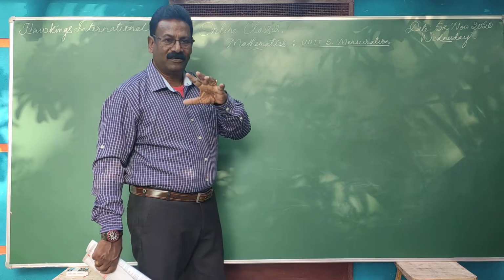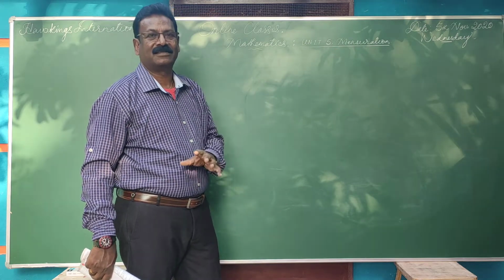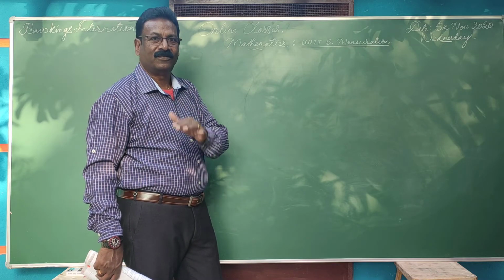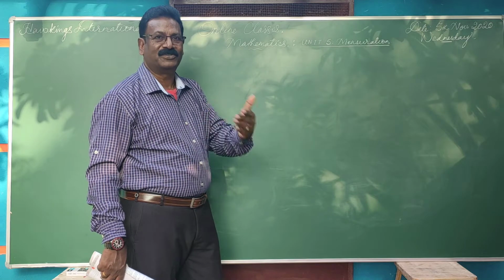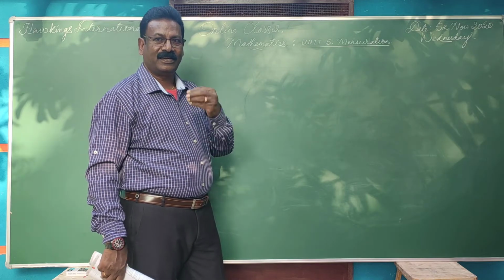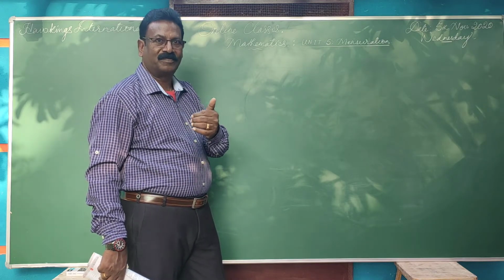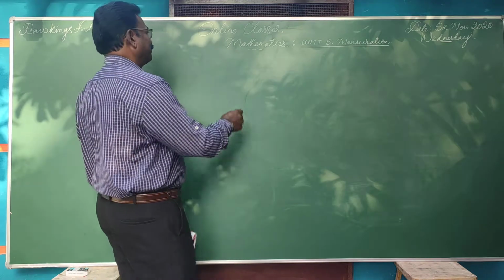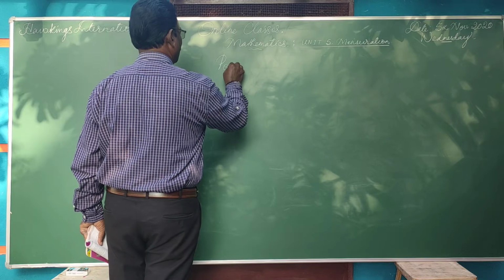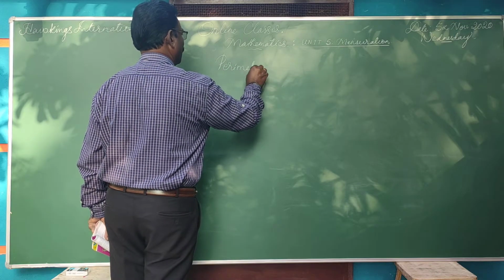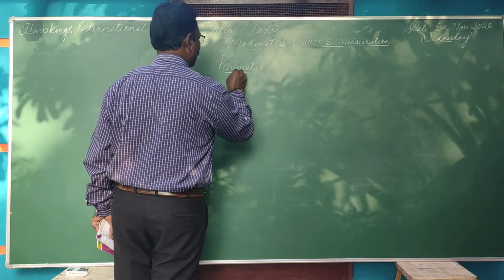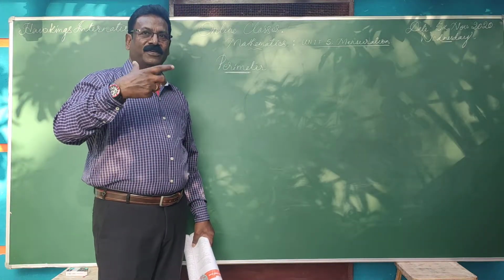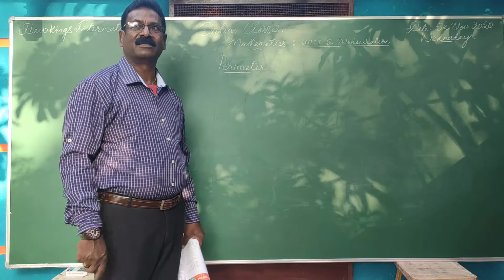But now you are in a very basic class, that means class 7. We want to understand the basic concepts of this mensuration. So today we take up a subtopic called the perimeter, and try to understand how to define it, how to explain it.